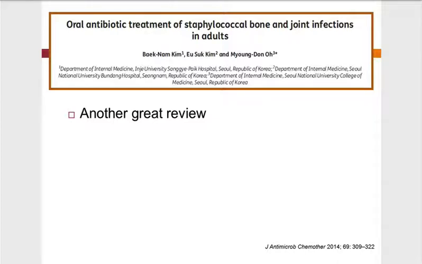It's an excellent overview of every class of antibiotics that have been used and the data behind them. It's not short reading, but it will definitely allow you to make better decisions about what you want to treat and when you want to treat it with.